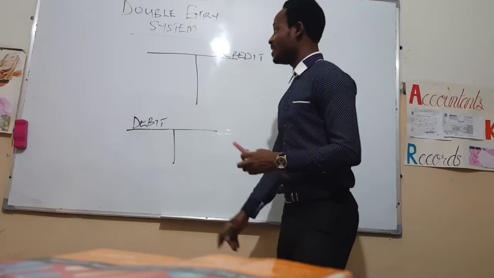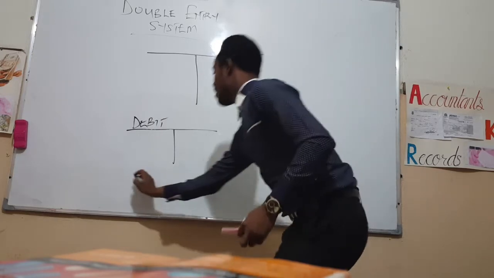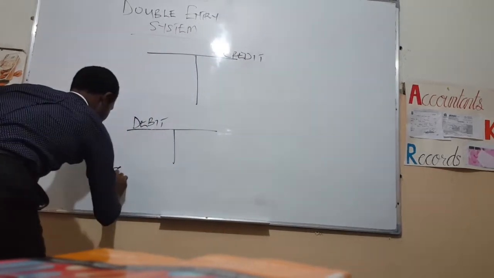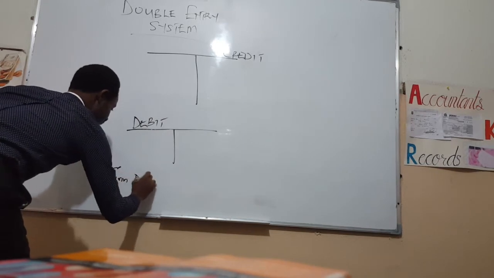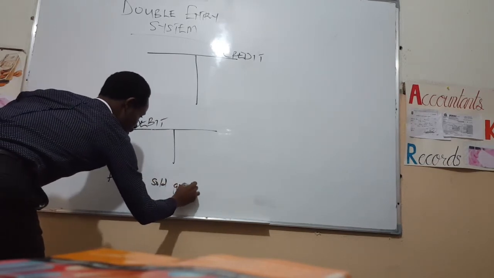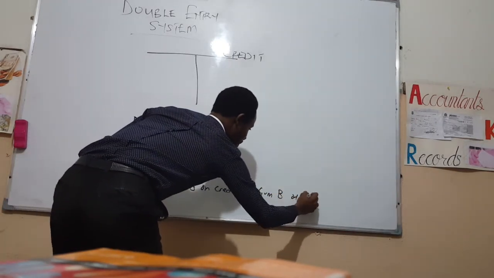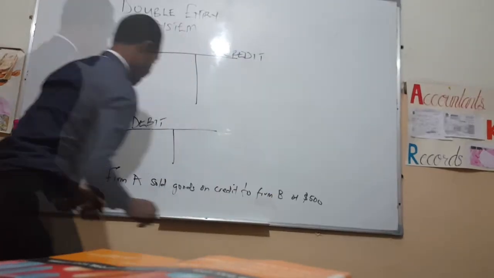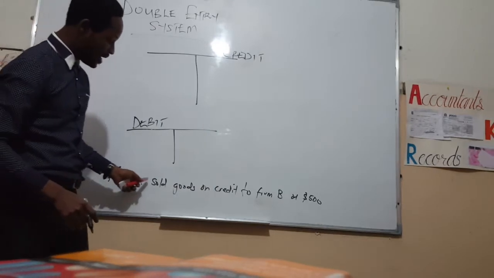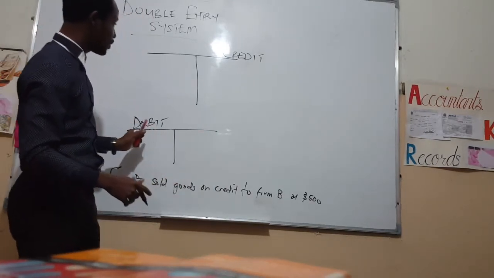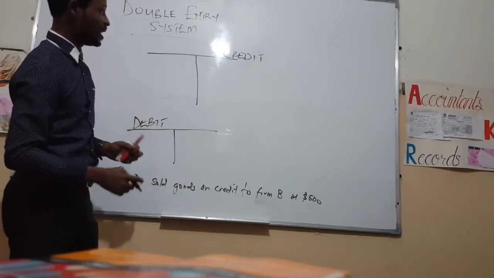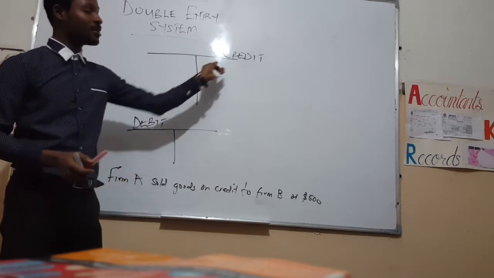Hence, in the transaction, firm A sold goods on credit to firm B. In this, firm A gives goods of 500 worth, and the side that gives is the credit.